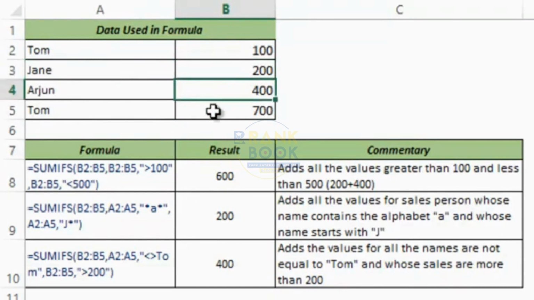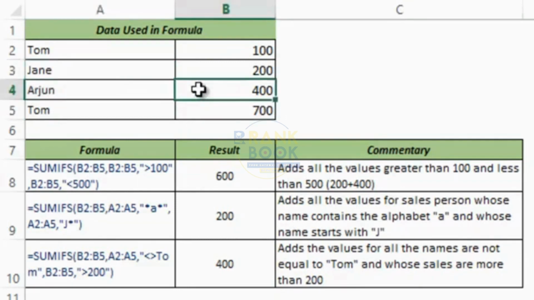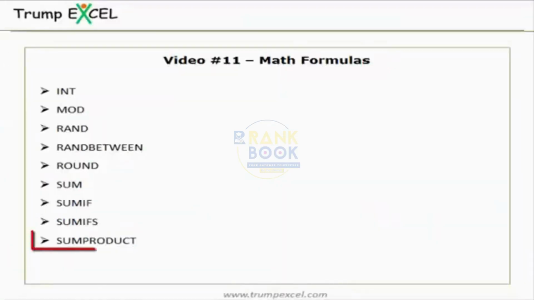Third meets the criteria and fourth does not. So in this case these two meet the criteria, and in this case this meets the criteria. But for SUMIFS to work, all the conditions should be met. So only 400 is returned, because this is the only number in sum range that meets all the criteria. So this is how SUMIFS function works in Excel.